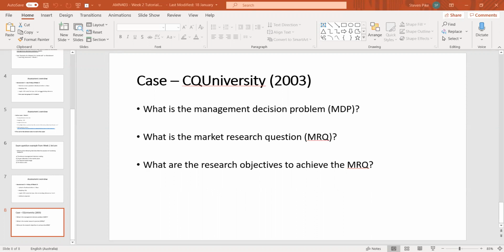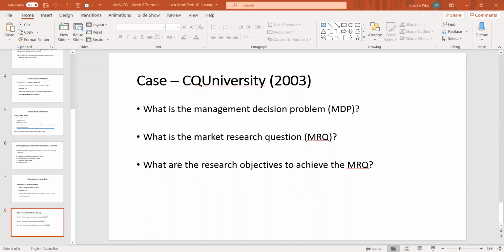Now, because I undertook this research, I wanted to find out, well, how is CQU positioned? Therefore, what are our strengths and weaknesses relative to the other options? So a very precise 1-sentence marketing research question.